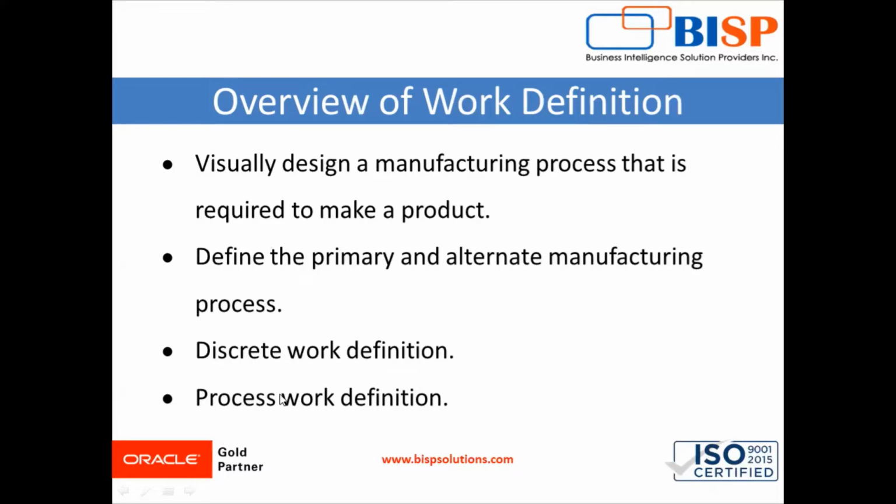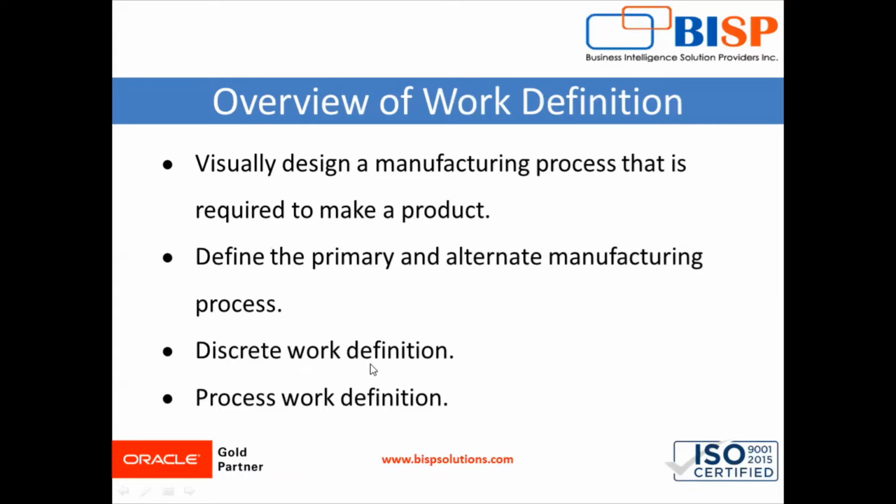Now next one is the process work definition. A process work definition consists of the same as a discrete work definition, like operation, material, resources, but the other thing added in a process work definition is output. So a process work definition consists of operation, material, resources, and outputs.